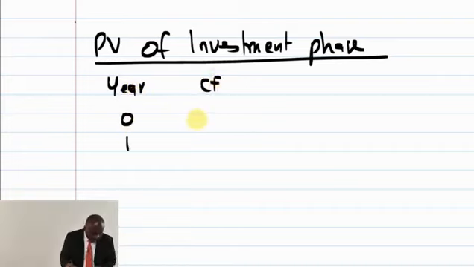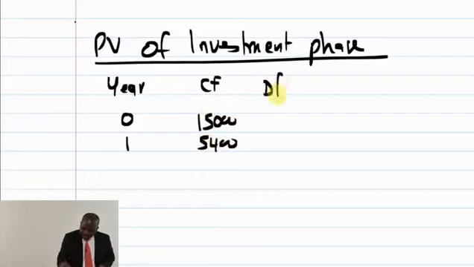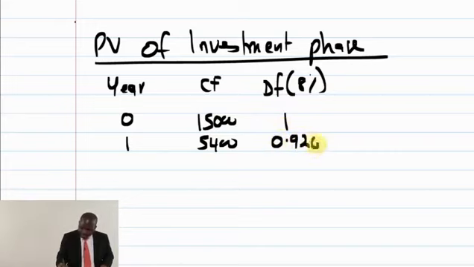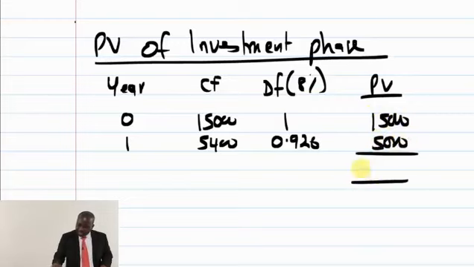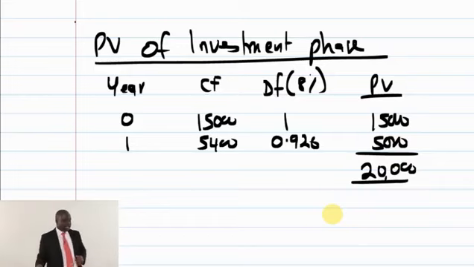Cash flows giving us 15,000 and then 5,400. Discount factor 8%, year 0, obviously 1. 8% year 1, 0.926. What is the PV? 15,000 and then 5,000. Sum it up. The PV of my investment phase is 20,000.